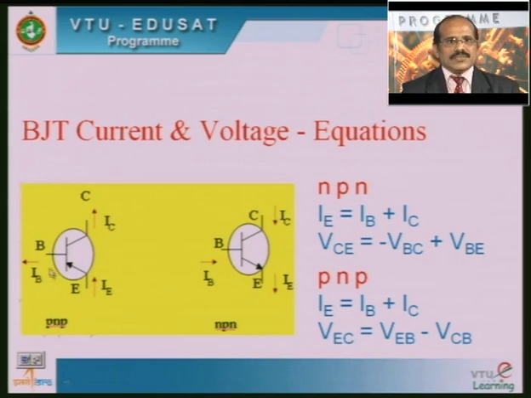Friends, if you apply KVL here, VEB is nothing but the sum of the VEC voltage and then the collector to base voltage here. So in case of NPN, VCE means collector to emitter voltage, VBC means the base to collector voltage, and VBE is base to emitter voltage.